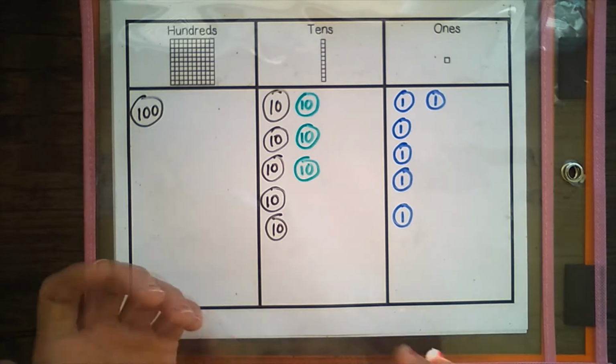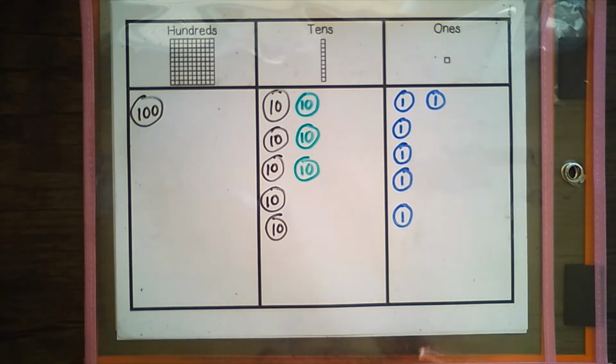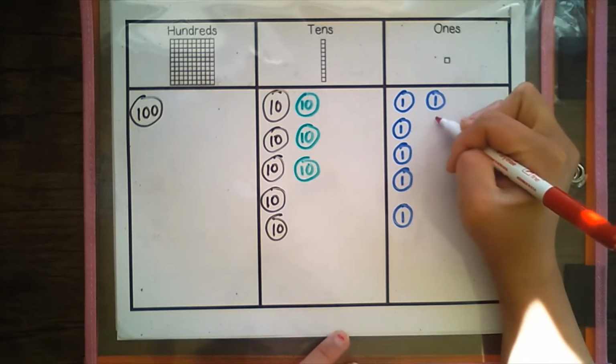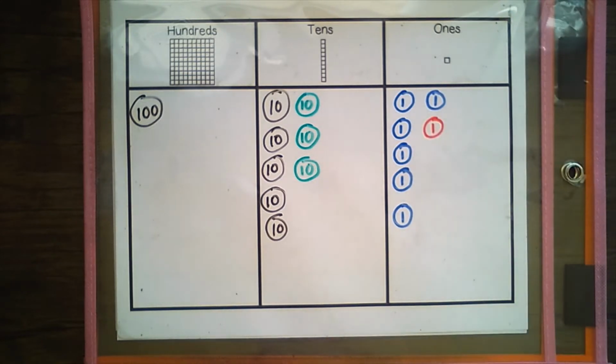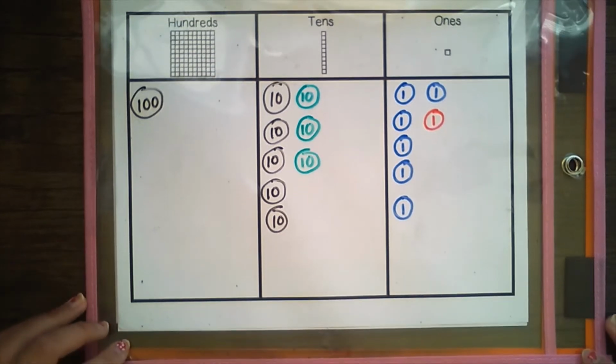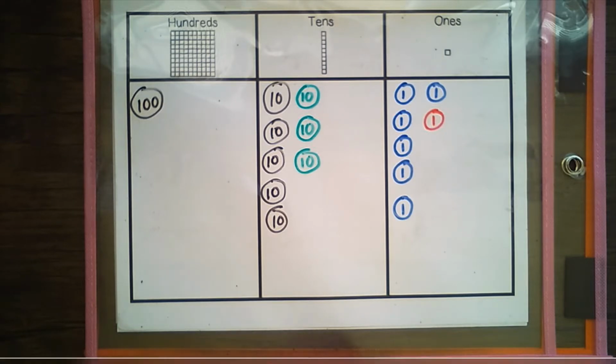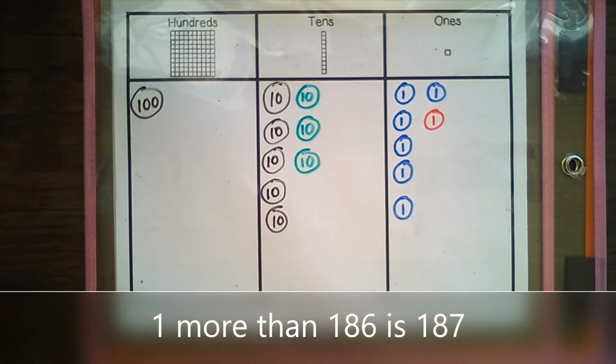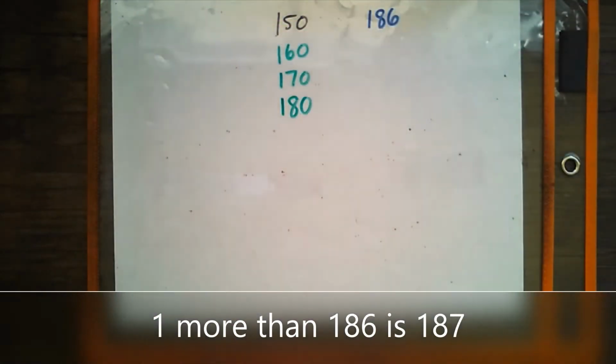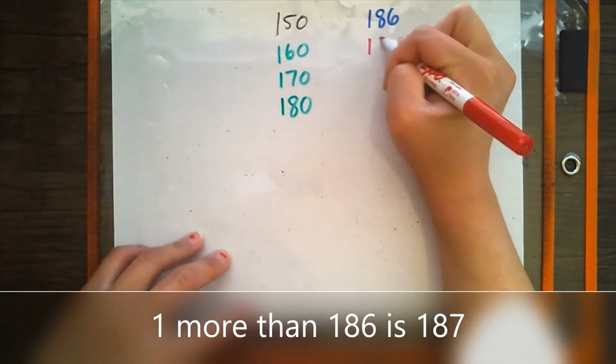Now, I'm going to go ahead and add another one disc, okay? How many now? 187, great. Use our sentence frame to describe what you know. One more than 186 is 187. Let's go ahead and write that down on our list here.